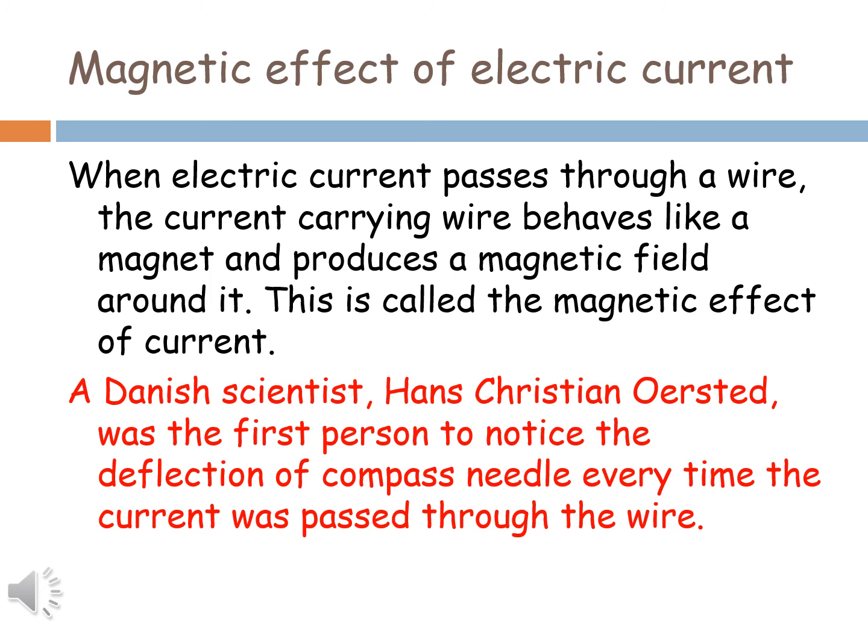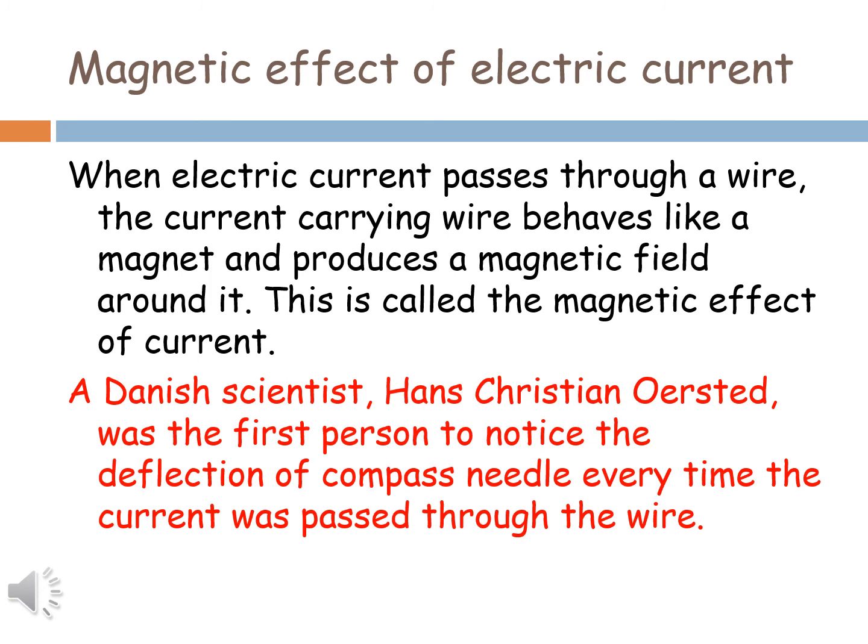Now next is magnetic effect of electric current. We have already studied the heating effects of electric current. Now we will discuss magnetic effects of electric current. When electric current passes through a wire, the current carrying wire behaves like a magnet, and it produces a magnetic field around it.